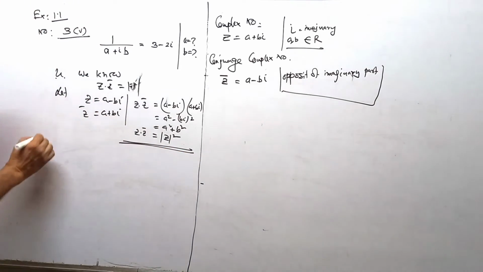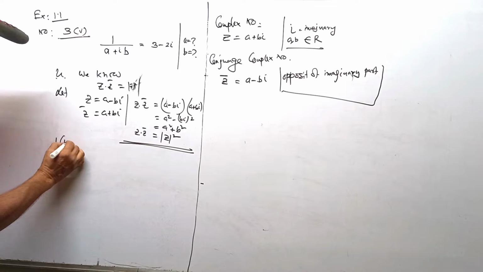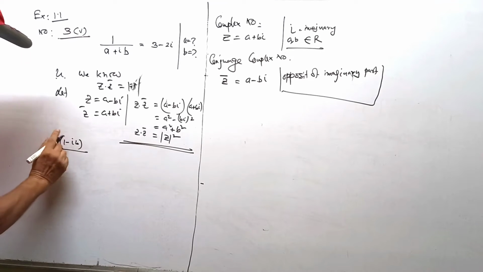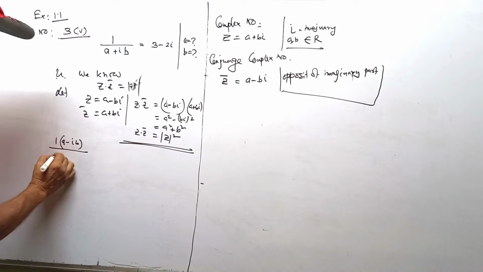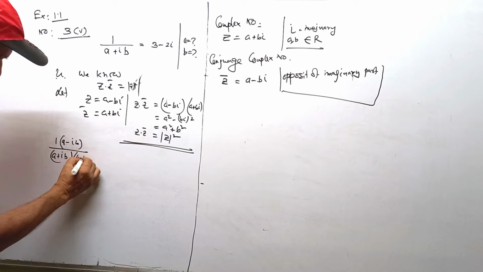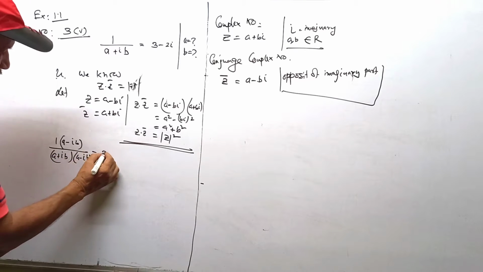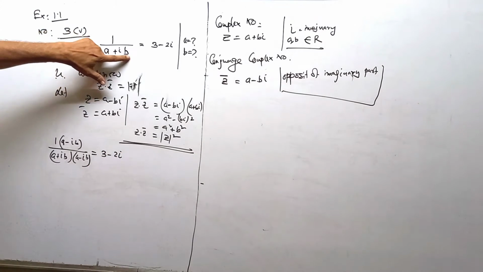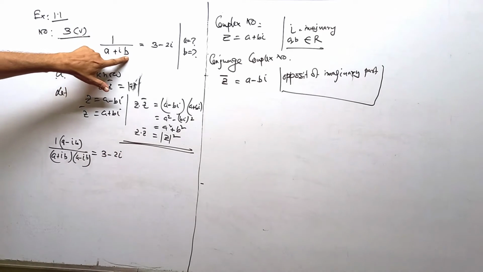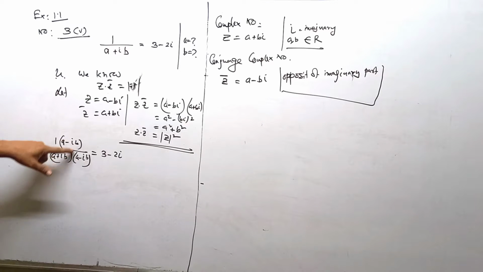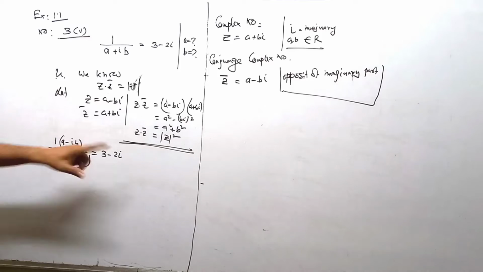So that is the reason we multiply 1 minus ib by a plus ib into a minus ib, equal to 3 minus 2i. What we have done: this is the denominator, which is a complex number, and we multiplied by the conjugate complex number on both sides.